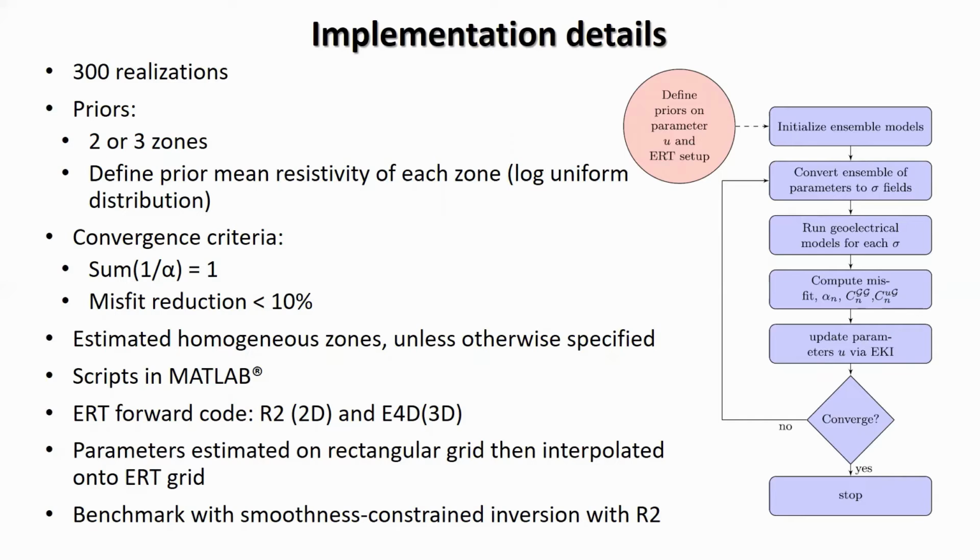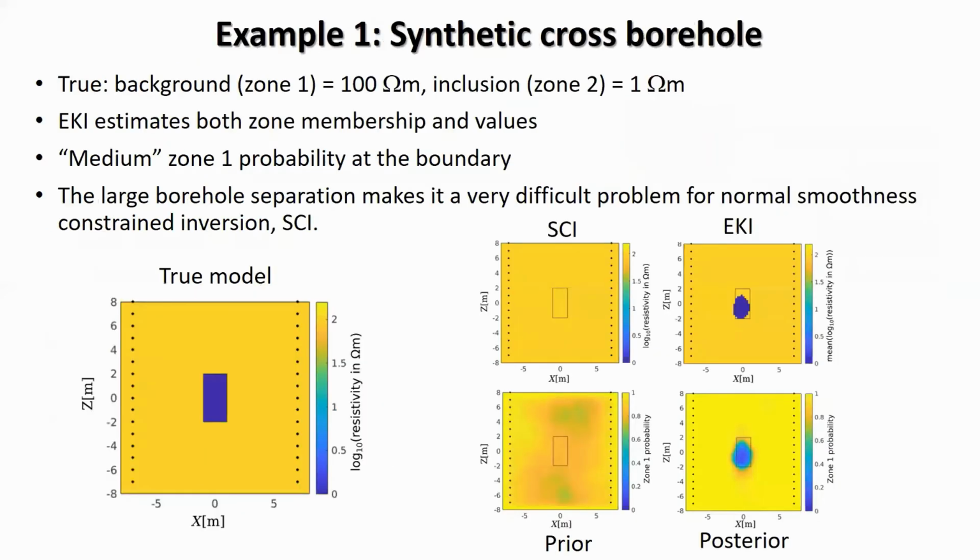And the ERT mesh is typically triangular for the 2D problem or tetrahedral for the 3D problems. That doesn't put a constraint on using complex topography, and I'm going to illustrate an example later showing that. And we're going to show some benchmarking and comparisons with the smoothness-constrained inversion for the 2D problems using R2.